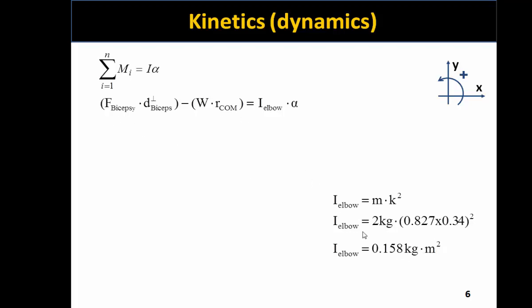So as we move back up to our equation, we substitute our variables for the numbers that we have. We have the 667 newtons we computed earlier, the insertion point from the joint center, 2 centimeters, 0.02 meters. We have the weight, the distance to the center of mass, and what we just calculated for the moment of inertia.